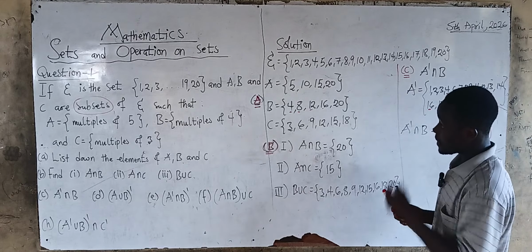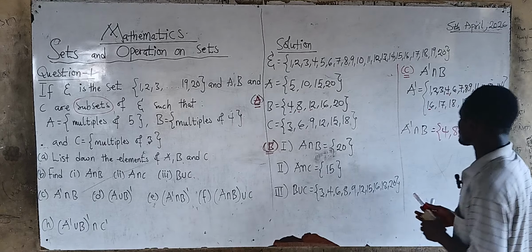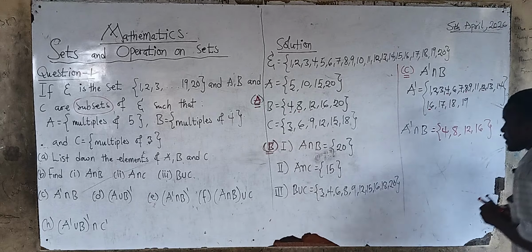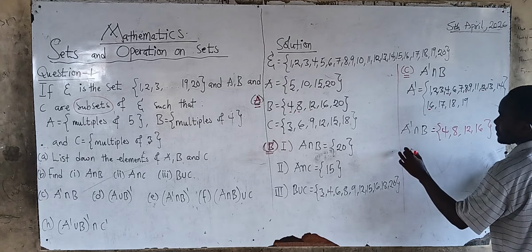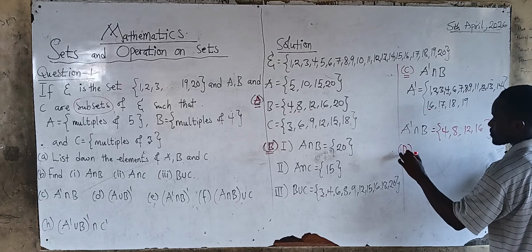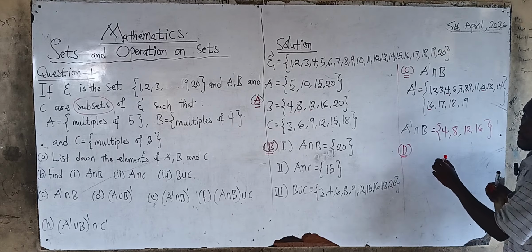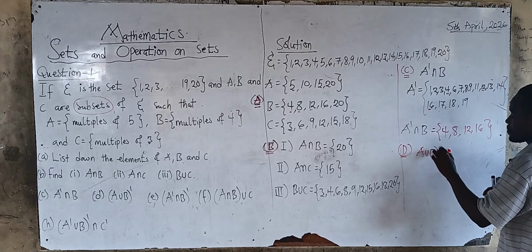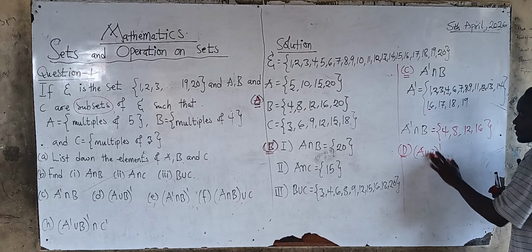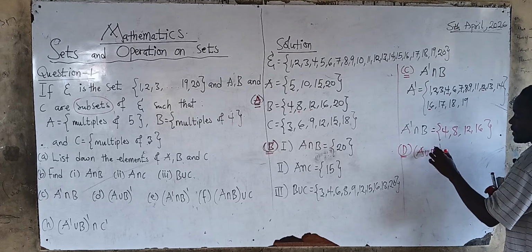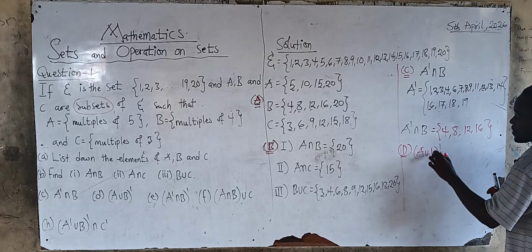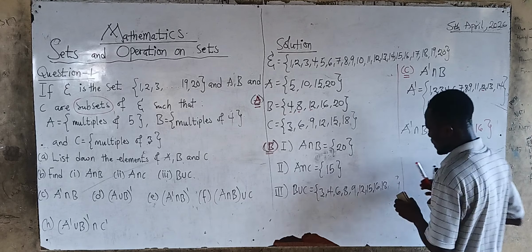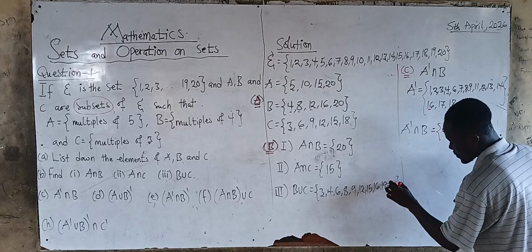I believe we are following the concept. Right. So quickly, let's dive into the next part, which is the D. The D here is asking us to find A union B complement. The set A union B complement. So let me clean here, and sorry.